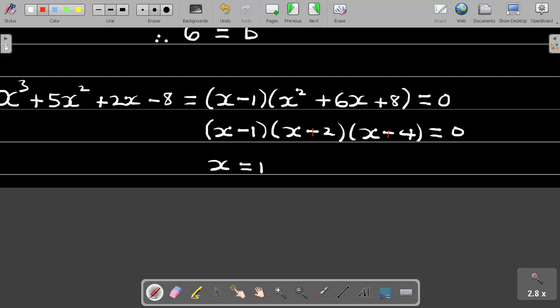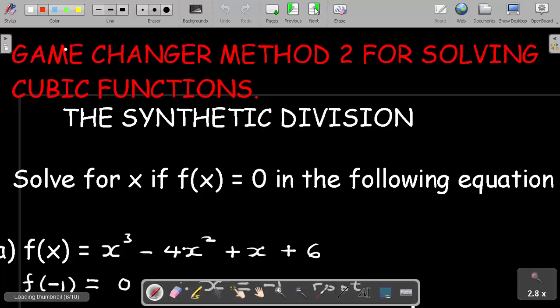So that means I have x equals 1, x equals negative 2, and also x equals negative 4 as my answers. So these are the solutions here. Hope we are together. Then do I have another example? Okay, I had one more example here.